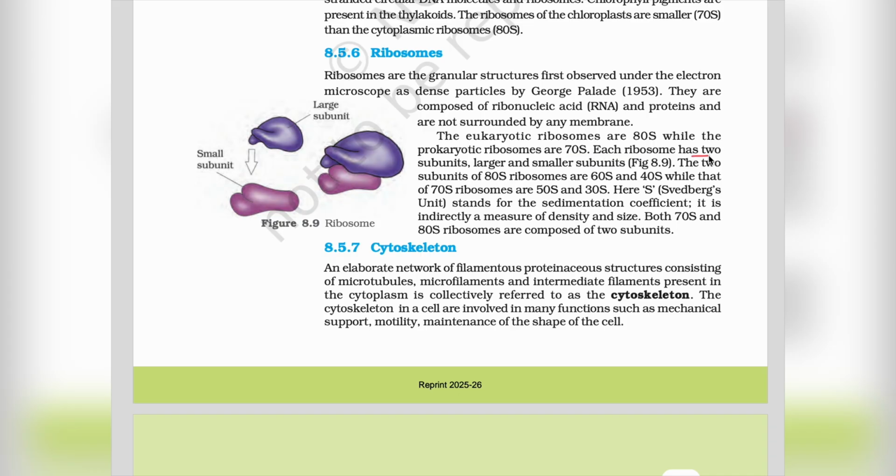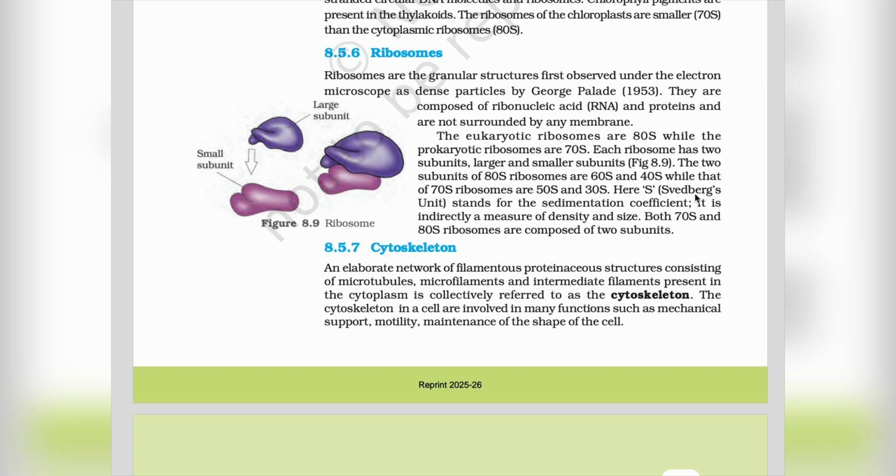Each ribosome has two subunits, larger and smaller subunit, as can be seen in figure 8.9. Here you can see this is the smaller subunit and this is the larger one. Separated here, larger subunit and smaller subunit assembled to form the complete ribosome. The two subunits of 80S ribosomes are 60S and 40S, while that of 70S ribosomes are 50S and 30S.